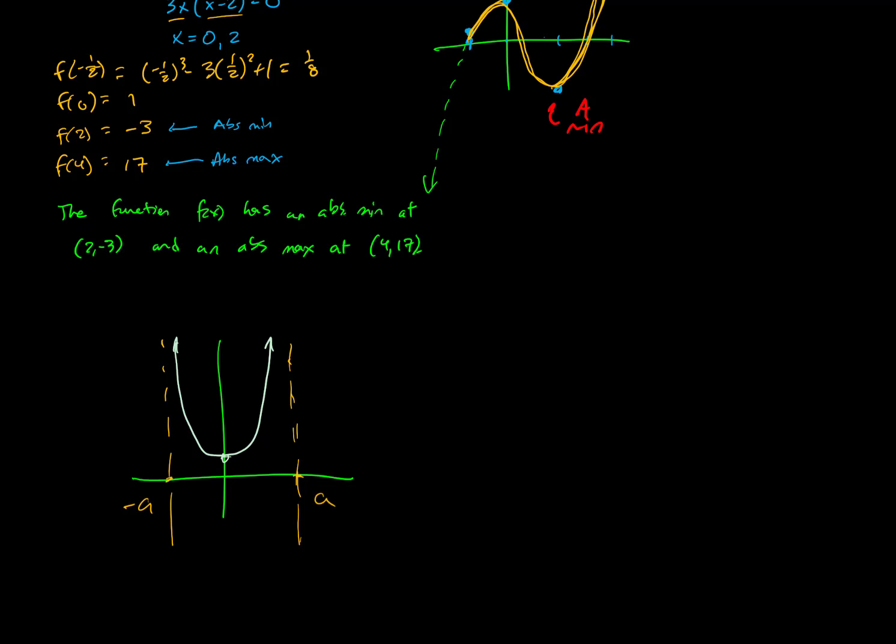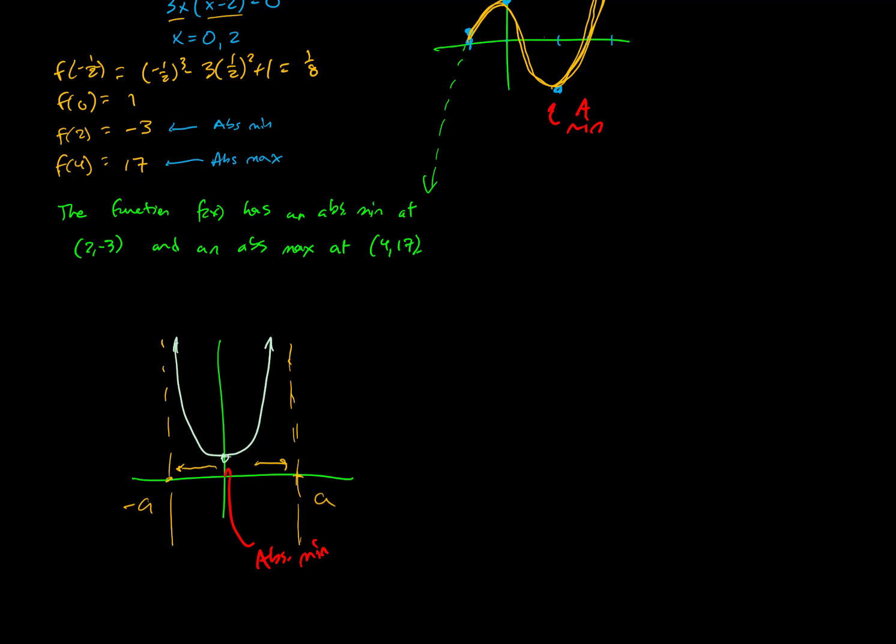I can't test the endpoints -a and +a because I have these asymptotes. So I'm going off to infinity as I'm getting closer to -a and a from the appropriate directions, but I still have an absolute min in the middle. Right, so it doesn't have to be a closed range necessarily.